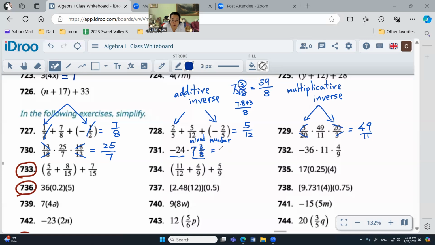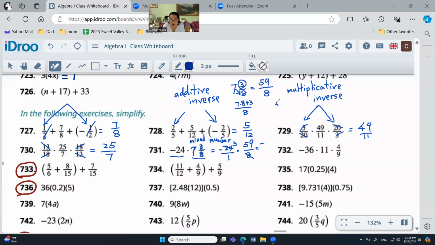So we should rewrite it as 24 over 1 times 59 over 8. Now we can cancel. Cancel, cancel. This is 3. Now top times top, bottom times bottom. So top is 59 times 3.